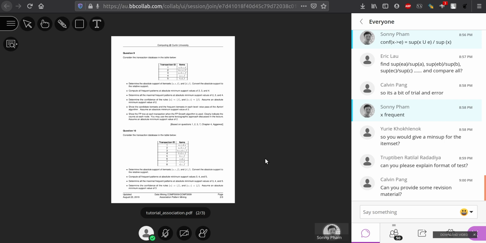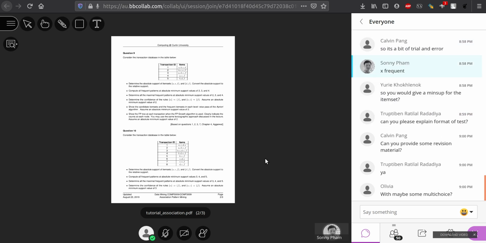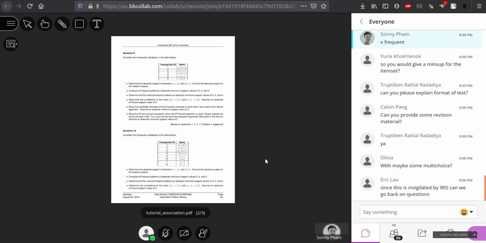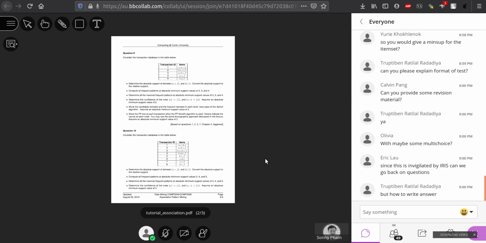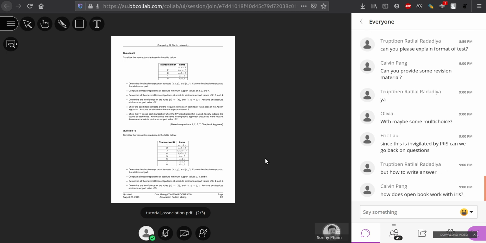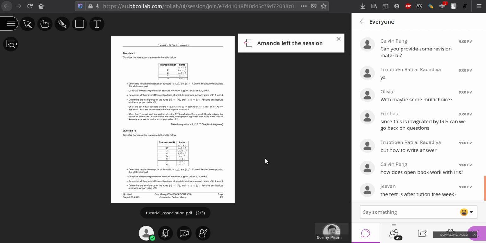Yes, so I will use the same type of question as in the mock test, except for questions about recall and describing concepts, which are typically used in a closed book assessment or in-class test.